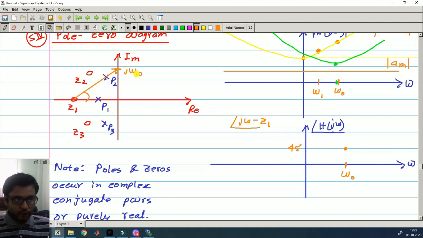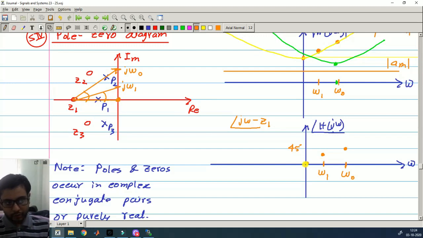Then you have to do the same thing for different values of omega. Suppose I pick omega equal to omega 1 here, then you mark that point here, j omega 1, join these two, and now this angle is maybe around 30 degree, so you mark that point here, and in this way you vary the value of omega. And when omega is 0, it is here, then the angle is also 0.